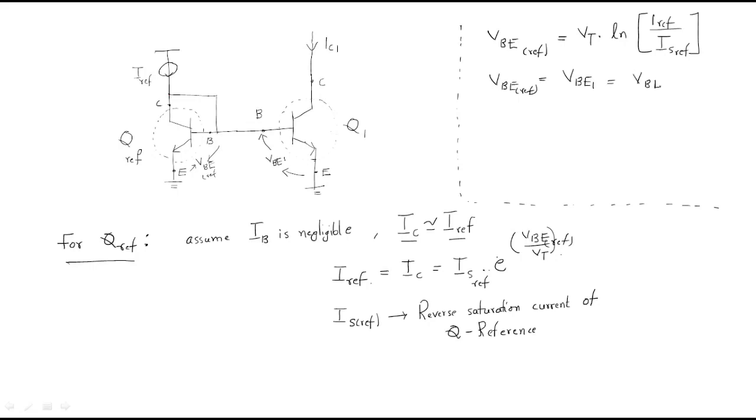Assume it as VBE, common to both. Then you can write the IC1 value also.